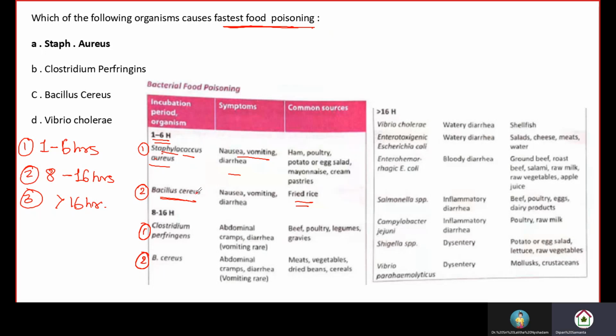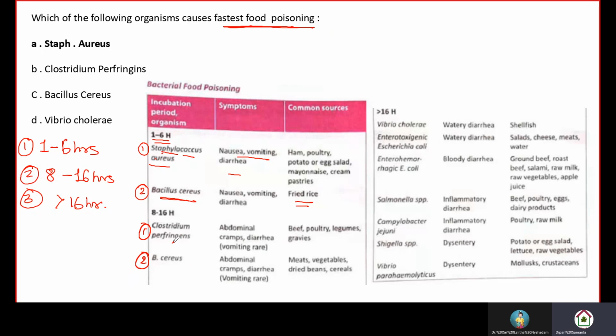So Bacillus cereus can cause food poisoning between 1 to 6 hours, as well as from 8 to 16 hours. So for the first 16 hours, Bacillus cereus can cause food poisoning.